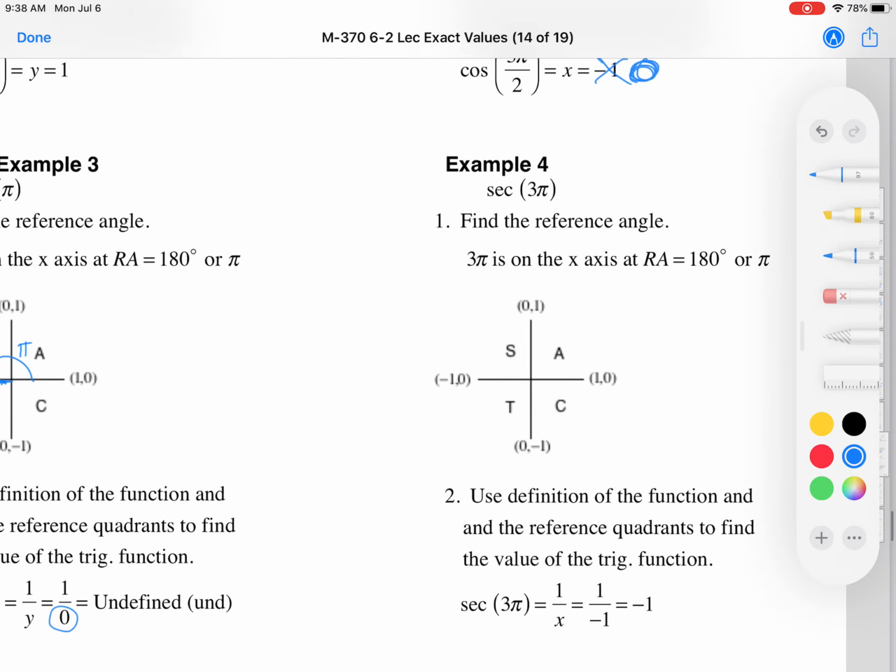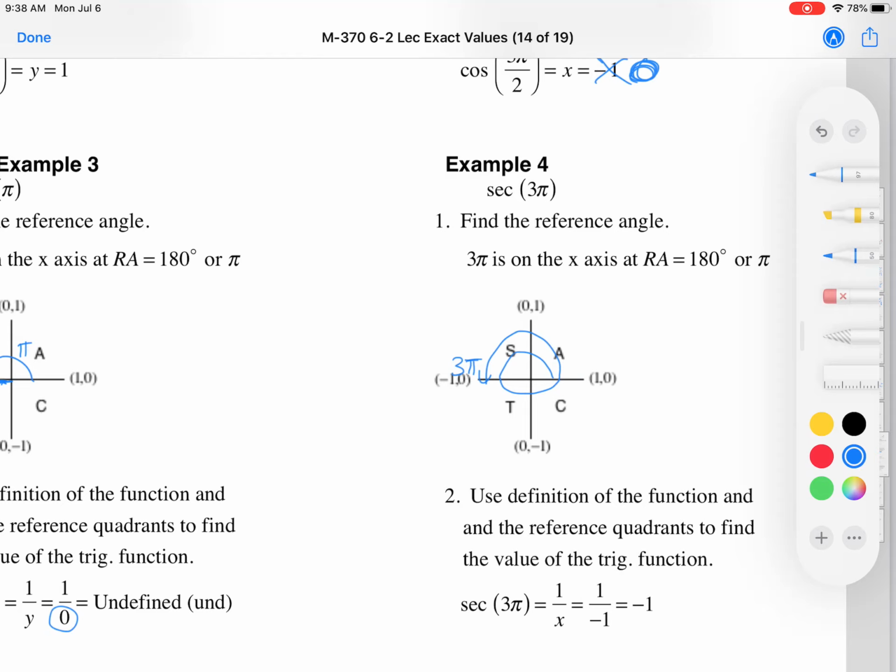In example 4, he wants the secant of 3 pi. Well, where's 3 pi? Here's 1 pi, 2 pi, 3 pi. So 3 pi is right here. Secant corresponds to 1 over x. He's absolutely right there.